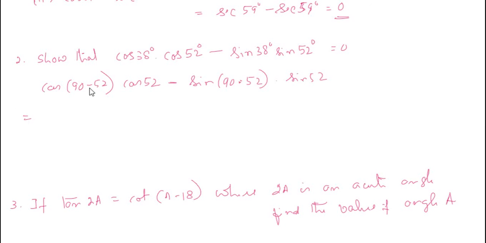Now cos 90 minus A is sin A, so this is sin 52 into cos 52, minus sin 90 minus 52. Sin 90 minus A is nothing but cos A, so it is cos 52 into sin 52. So this is sin 52 into cos 52, minus cos 52 into sin 52, so it is 0.